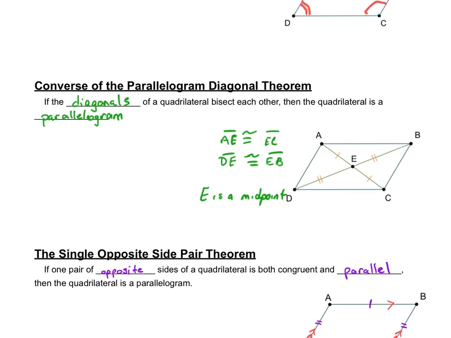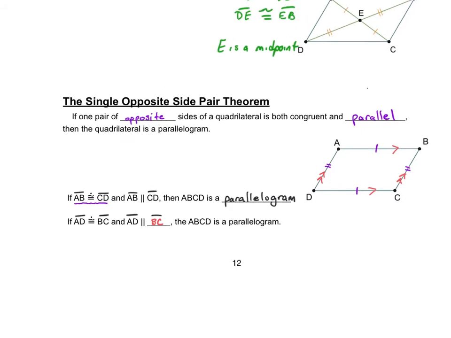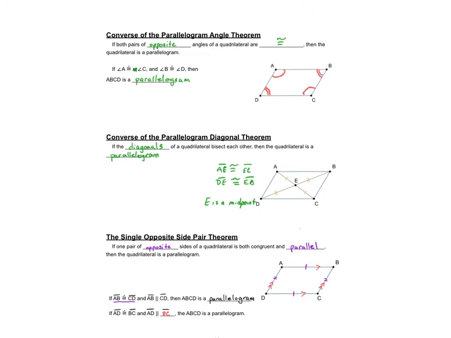Here we talked about the diagonals bisecting each other. If we have a quadrilateral and the diagonals bisect each other, then we have a parallelogram, because that's a property of parallelograms. And if we have one set of parallel congruent opposite sides, then we are going to have a parallelogram, and that's going to make the other set parallel and congruent as well. These are used to identify quadrilaterals that are parallelograms.